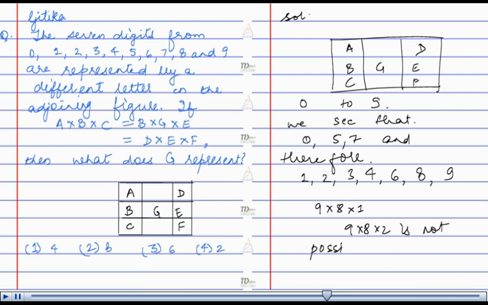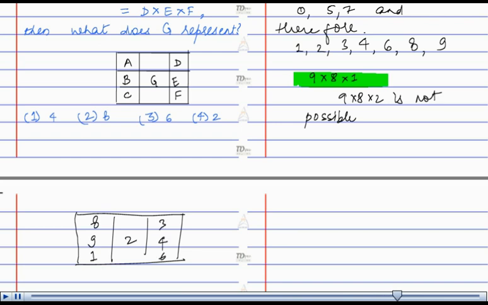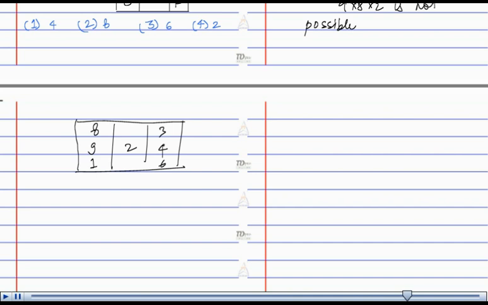Therefore, arranging these digits for forming a product of 72, we can see that in this case 9 into 8 into 1 is equal to 9 into 2 into 4 is equal to 3 into 4 into 6, that is 72. Therefore, answer is option 4. Thank you.